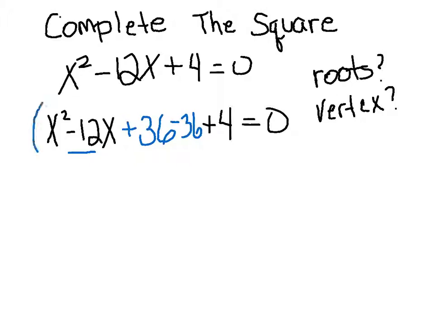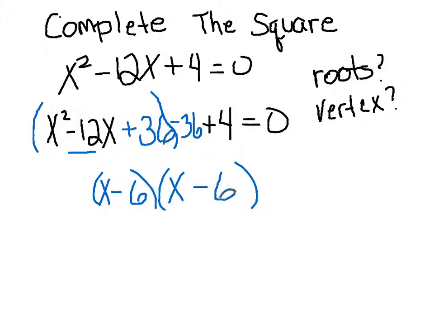But if you look at this and think about it, if I put these into my two parentheses, just that part, do you see how I would have x minus 6 times x minus 6? So I have created a perfect square out of that part. I could rewrite that as x minus 6 squared.